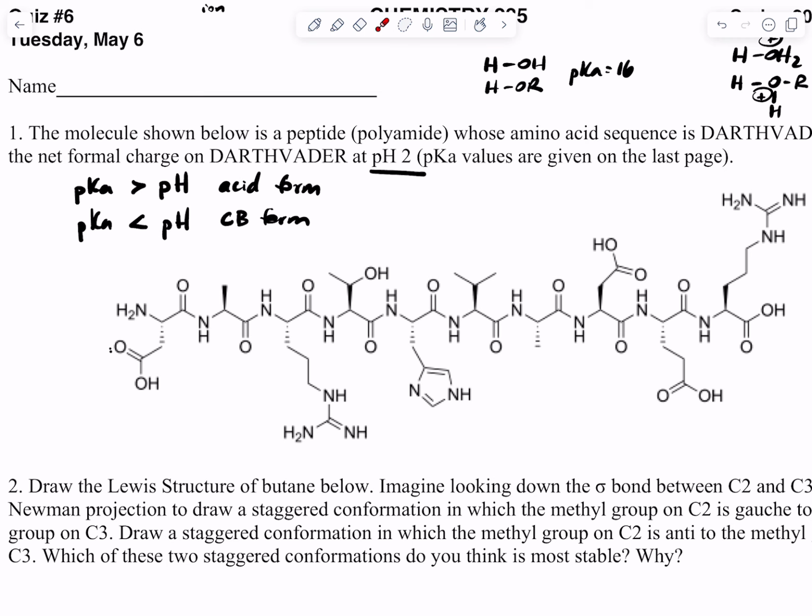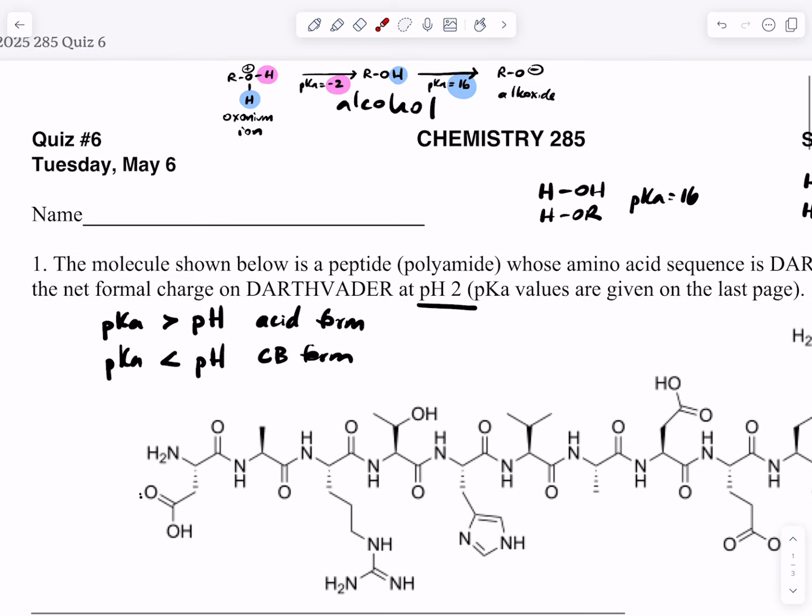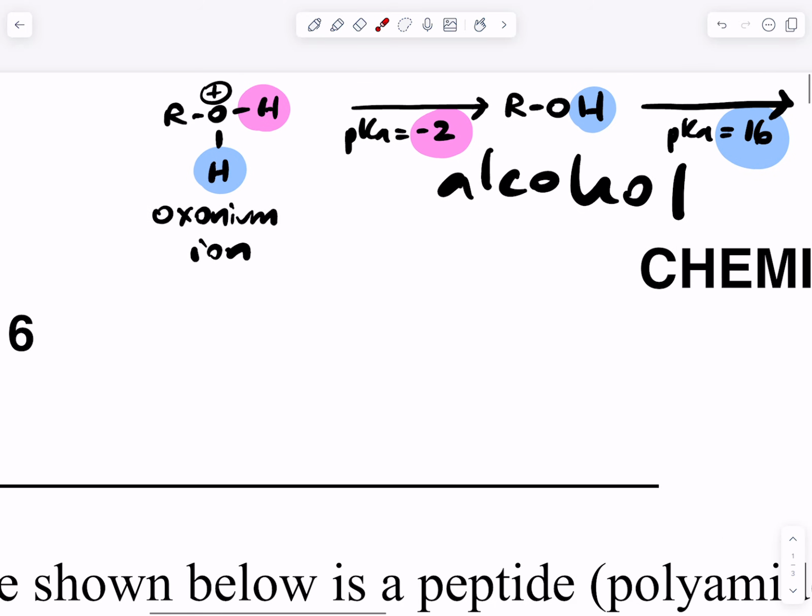Just a second ago, were you saying that if it doesn't lose its proton, it doesn't have a pKa? I didn't say that. What I'm saying is pKa's always refer to acid forms losing their protons. I think what's getting mixed up is that some of you are asking, what is the pKa for this OH gaining a proton?